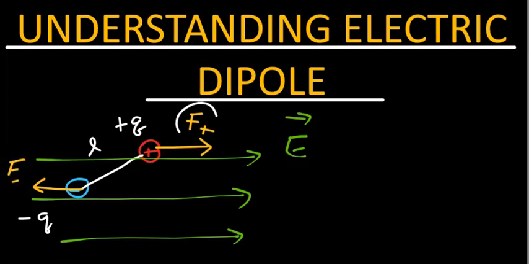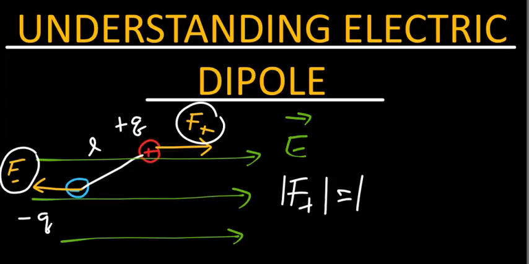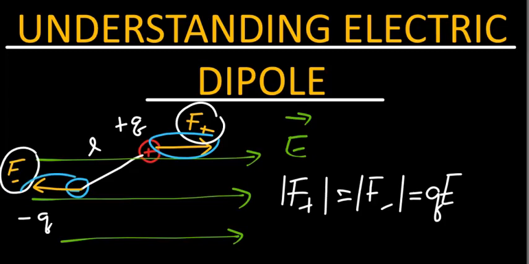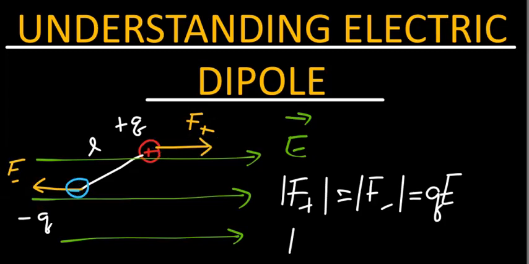The magnitude of F+ equals the magnitude of F- equals the strength of the charge Q times the strength of the electric field. The only difference is that the directions of these two forces are opposite to each other. So what that means is they add up to 0.